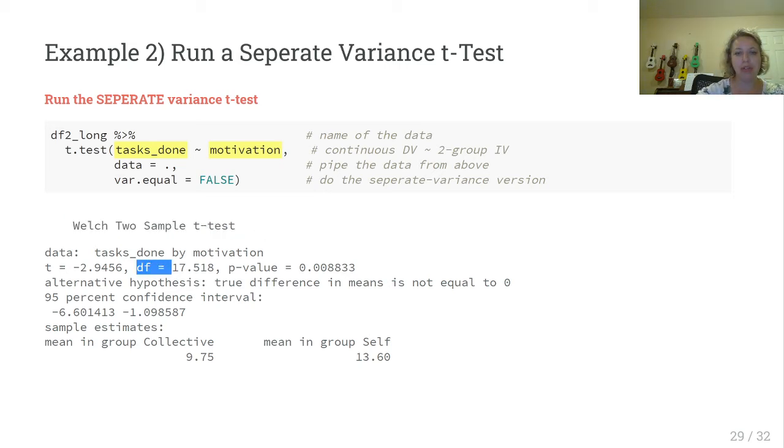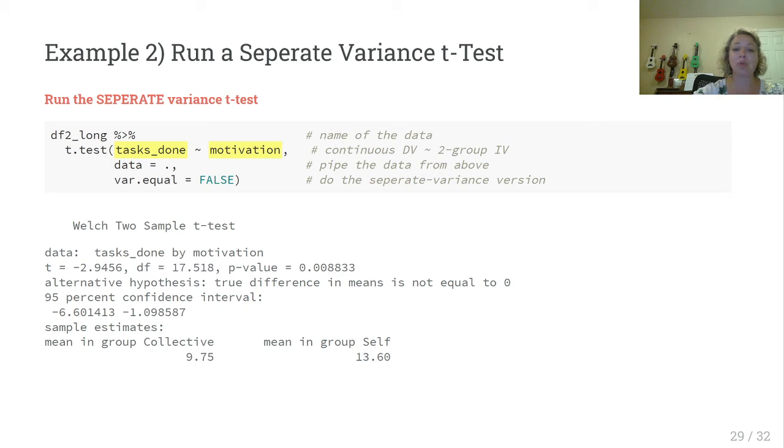I want to point out when we do Welch's, those degrees of freedom are a decimal. That's okay. When we do var.equal equals false, in order to do this separate variance Welch's t-test, we should get degrees of freedom that are a decimal number. That's part of Welch's adjustment.